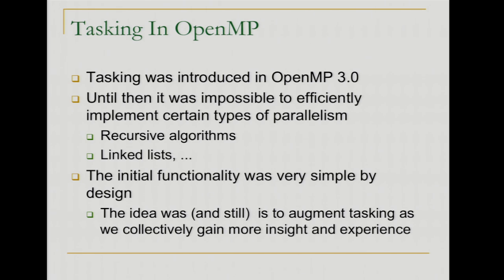So we had this thread-centric model, and now I want to provide tasks. And the rationale for it, I'll say just a little bit about what it is in a moment, was to enable parallelization of a whole bunch of things that were either borderline impossible or at least very difficult before that. I tried to hint at that one time earlier by showing a piece of code where there was a while loop traversing a list, and saying, well, you can't turn that into a parallel loop using a for or do, because it needs to know what its iteration space is.